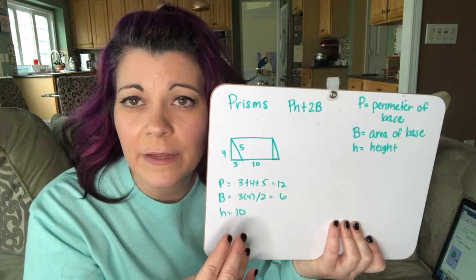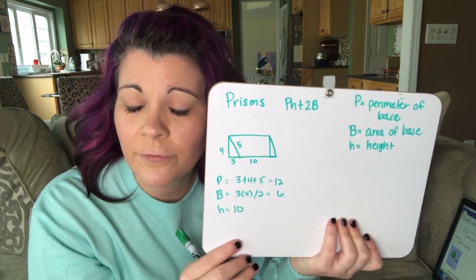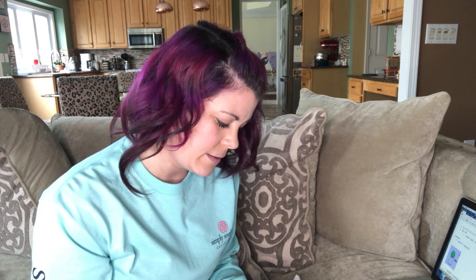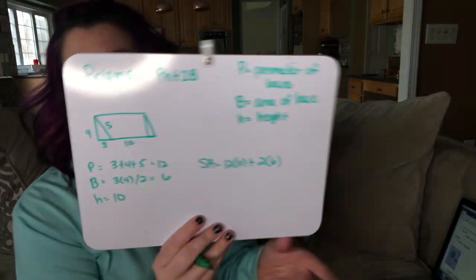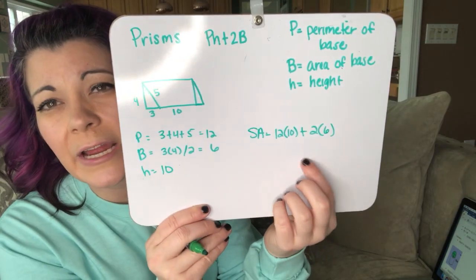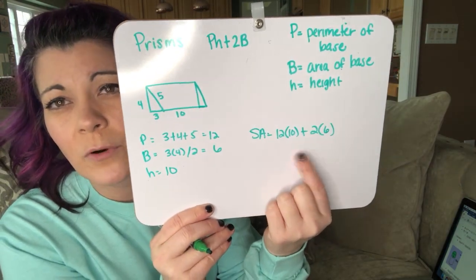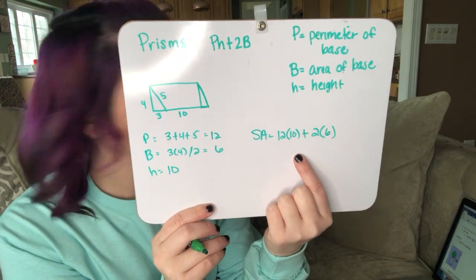So now we have everything, and all we need to do is plug it into our formula like we always do. So surface area equals P, which is 12, times H, H is 10, plus 2 times B, which is 6. So I've plugged in everything right here, and now I'm just going to use order of operations to solve. Okay?